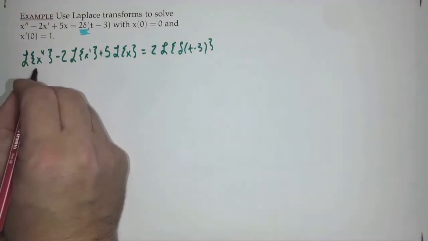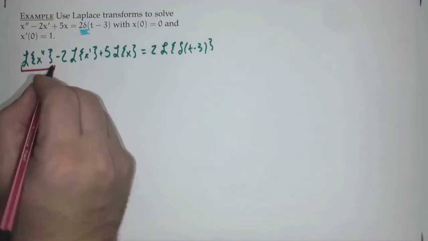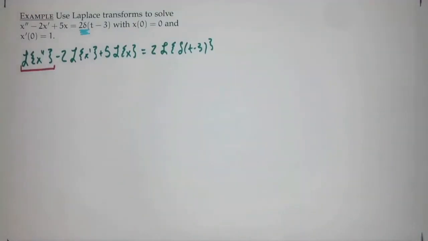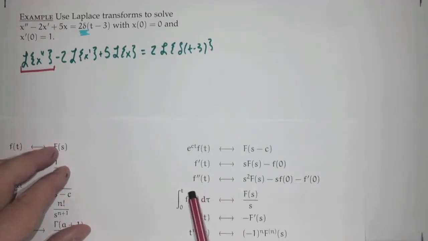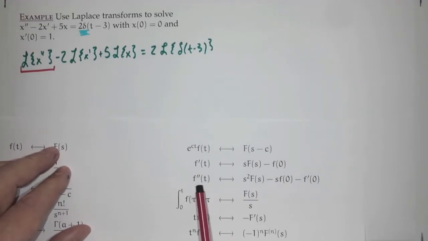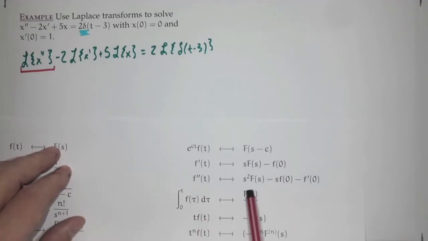So, what's going to become of the Laplace transform of x double prime? Okay, so we go to our sheet. We know how to handle the second derivative. s squared times the function goes into X of s.